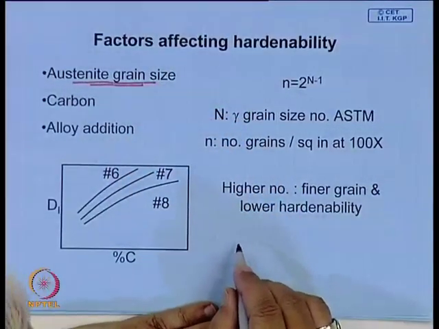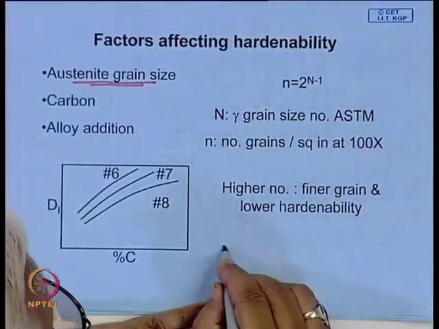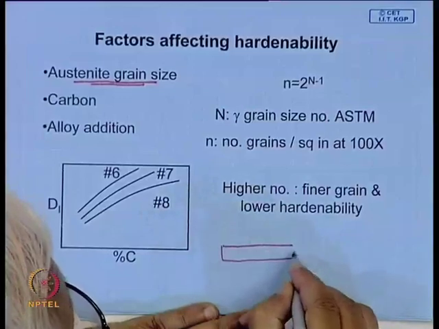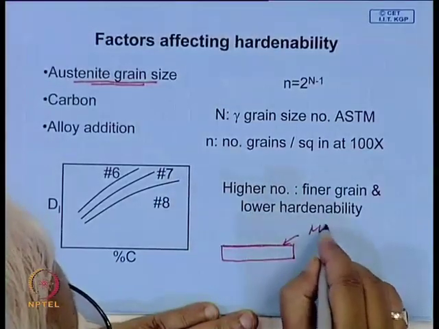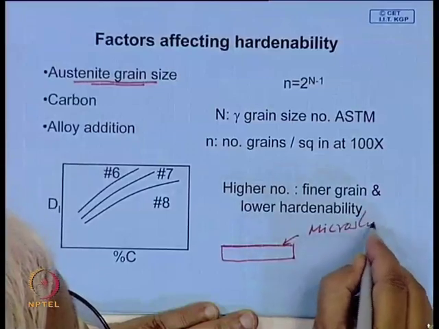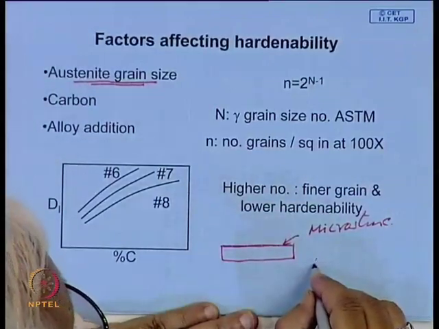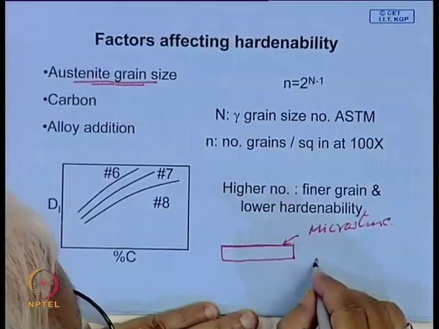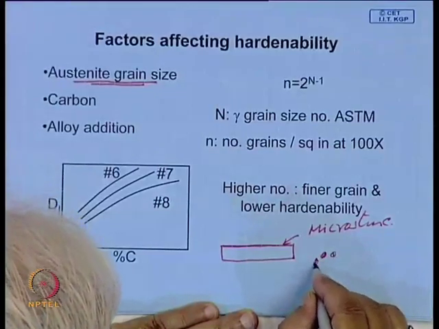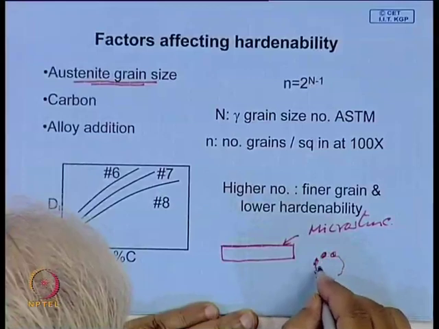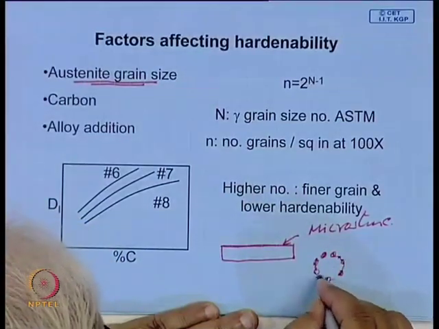Even it is possible that in the Jominy end quench test, after you have measured the hardness, if you try to develop the microstructure, if you look at that microstructure, there is some place you will find these pearlite nodules which are existing around the prior austenite grain boundaries.